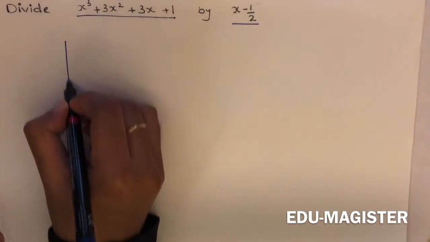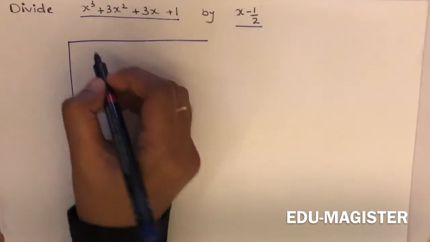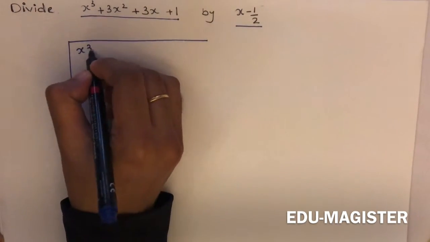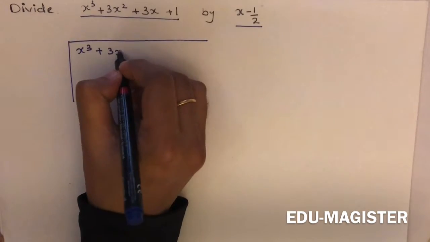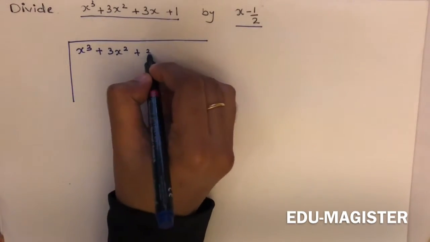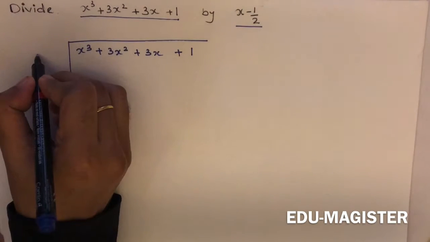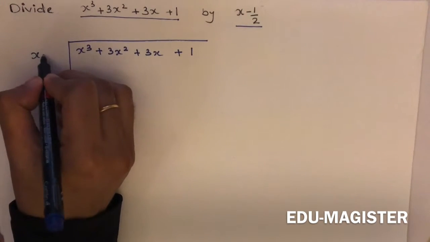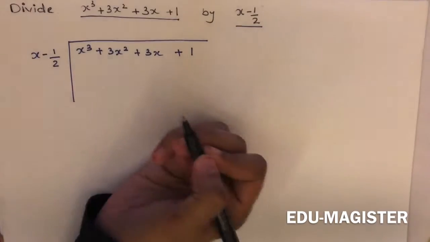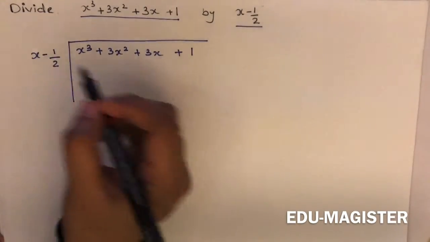So let's write it in this form, that is x cube plus 3x square plus 3x plus 1, and then the divisor we will write outside. Okay.